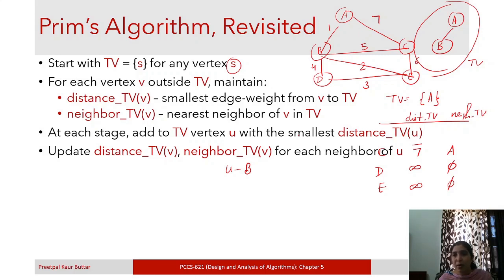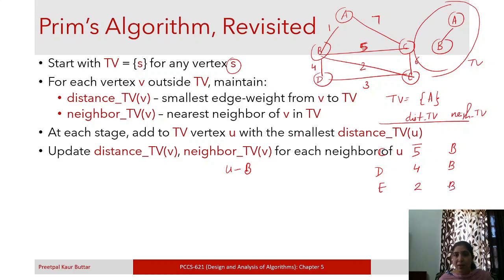So now it has more options, and out of these options this is a better option, right? So we will update this distance. Now distance is 5 and the neighbor inside TV is B now. Okay, and can we do this for D also? Yes. Now D is able to connect itself to TV through node B, and the distance is 4 now. And this is also possible for E.